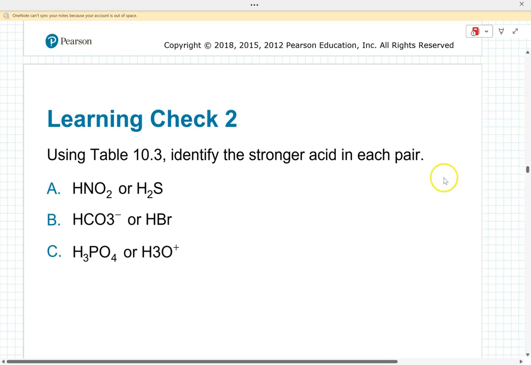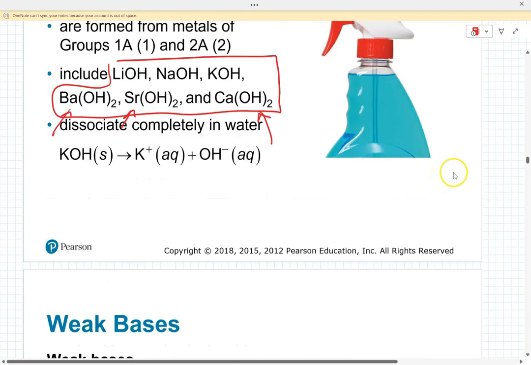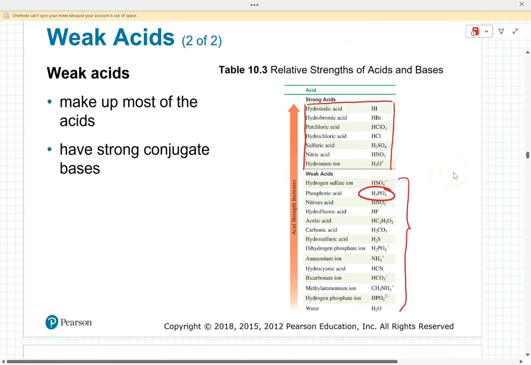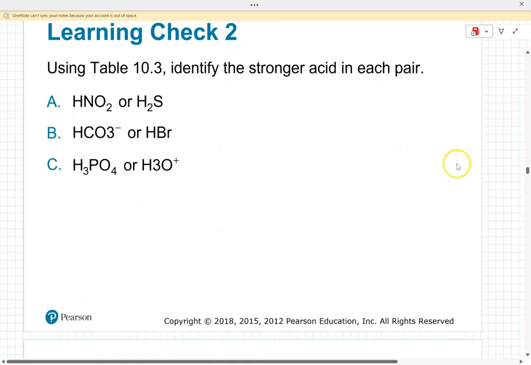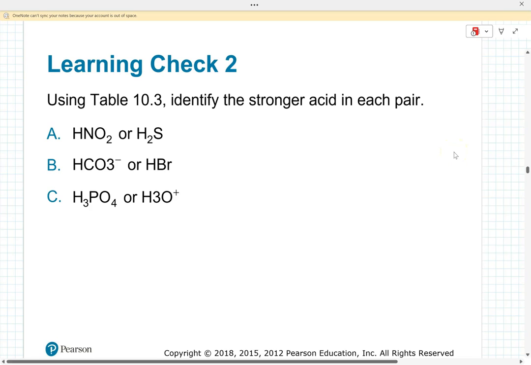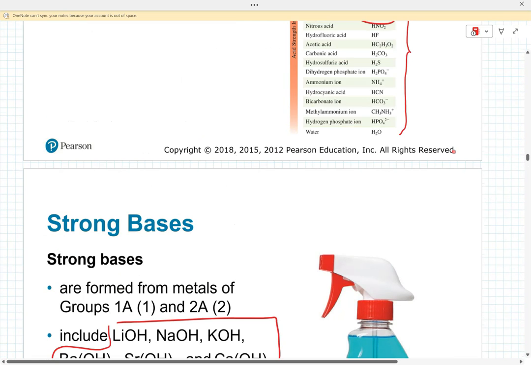Identify the stronger acid in each pair. So we have to go back here and look at the list that is presented to us. I believe you can do that. Nitrous acid should be stronger. Let me check myself here.